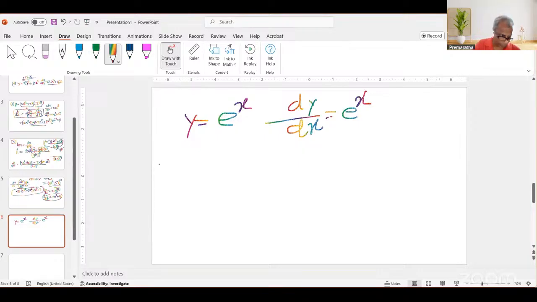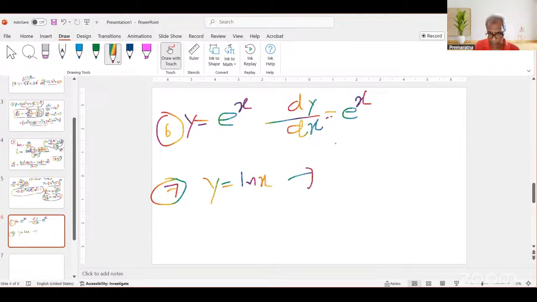And also, just to say, differentiating the log function, which sometimes you must know: y equals, for instance, log x. When you differentiate this one, dy over dx, since here there is no coefficient, it becomes 1 divided by x. So that is also very simple.